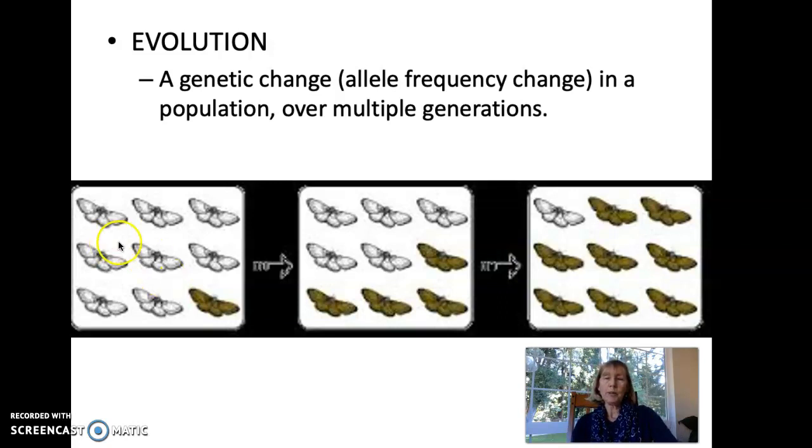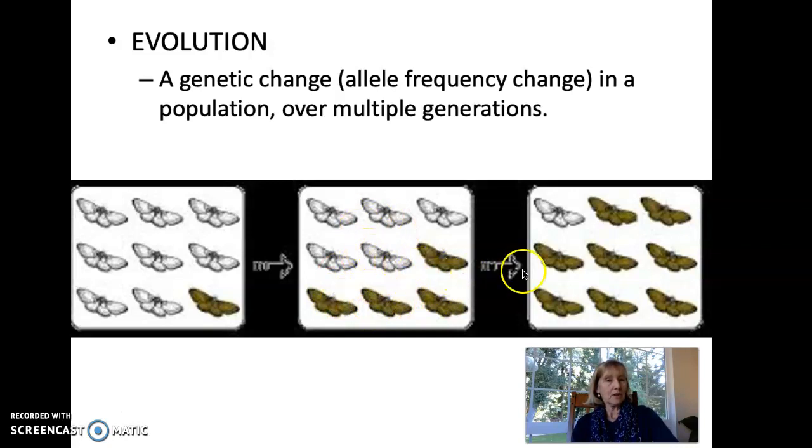Whereas you had a population where most of them were pretty light colored and some were dark, and now the trees are all dark because of the pollution, then the ones that are going to survive, right, are the ones that blend, that are darker. So maybe a few generations later, there are many more of the darker ones because the white ones are getting eaten.